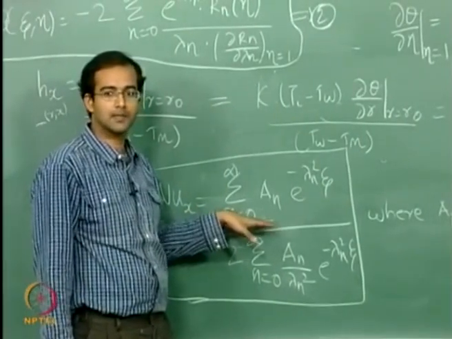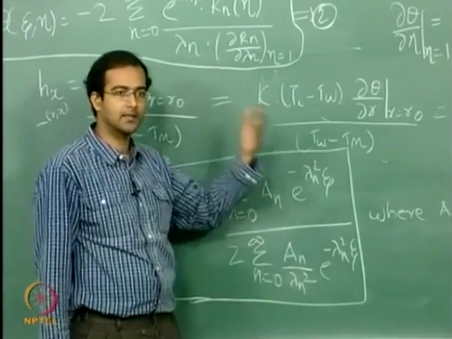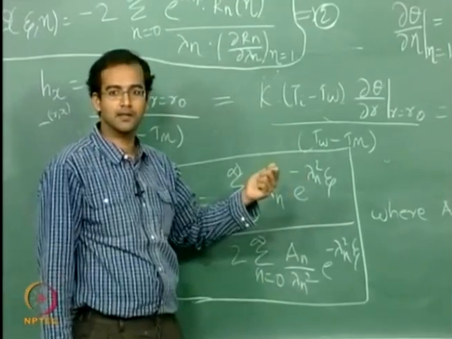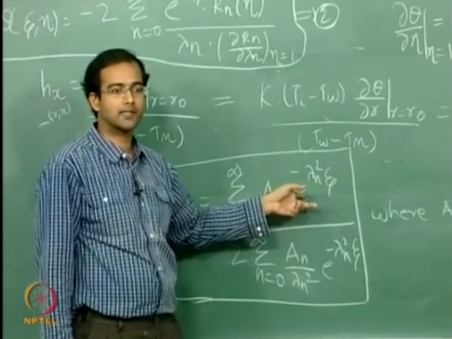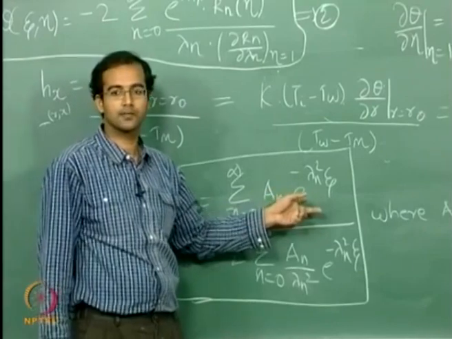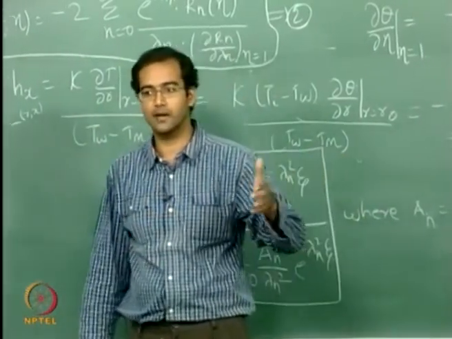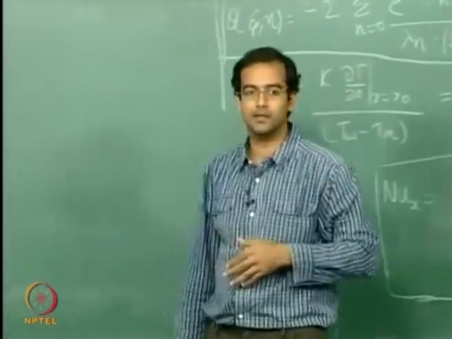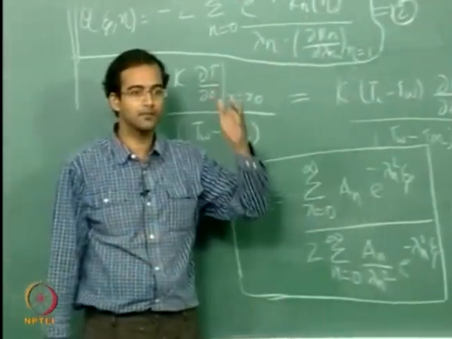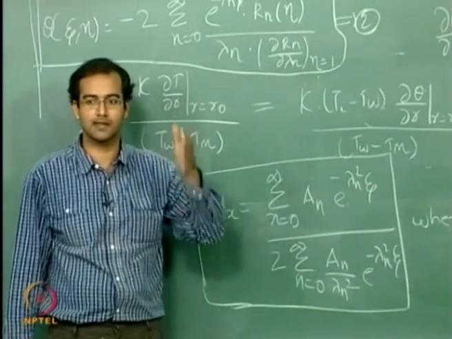Okay, so you can directly substitute the corresponding value of lambda and A, and in the solution for temperature the value of C, then you can get an expression directly in terms of zeta, which is basically your non-dimensional axial coordinate. So for different values of zeta you can plot and see how the Nusselt number varies right from the location where your thermal entry length starts.